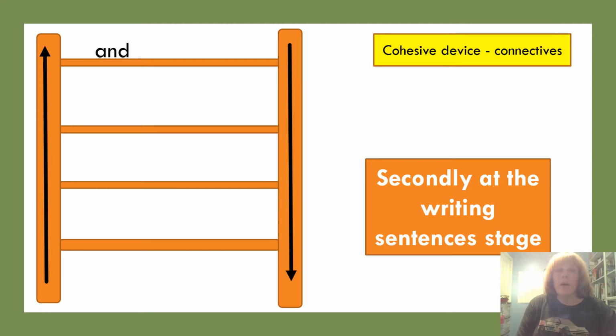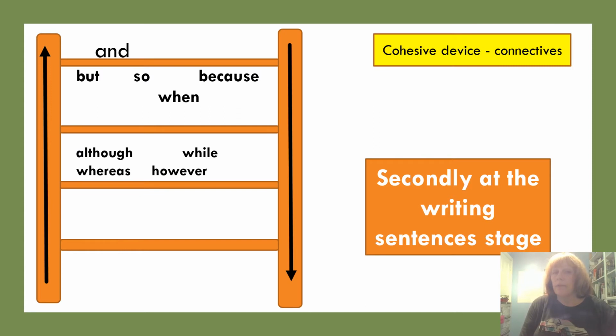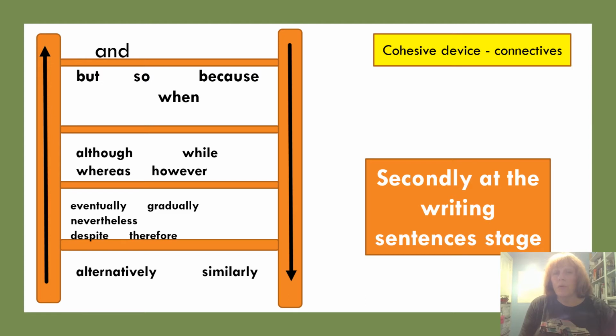And remember that there are 2 or 3 that we use a lot in English writing. You don't have to use them all. You might look at thinking about using but, so, because, when, although, while, whereas, however, eventually, gradually, nevertheless, despite, therefore, alternatively, similarly, and there are other connectives that you can use.